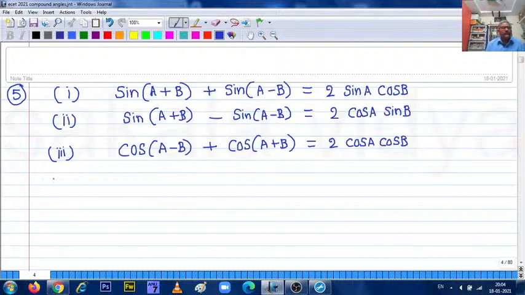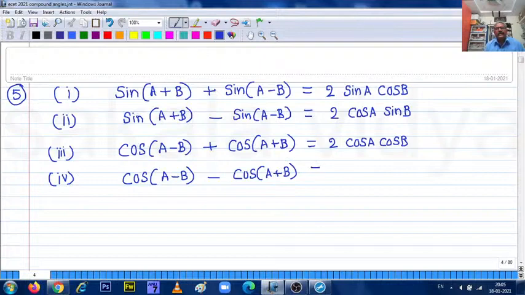Now the fourth one. Cos of A minus B minus cos of A plus B. This is equal to, both are sines, 2 sin A sin B you will be getting.